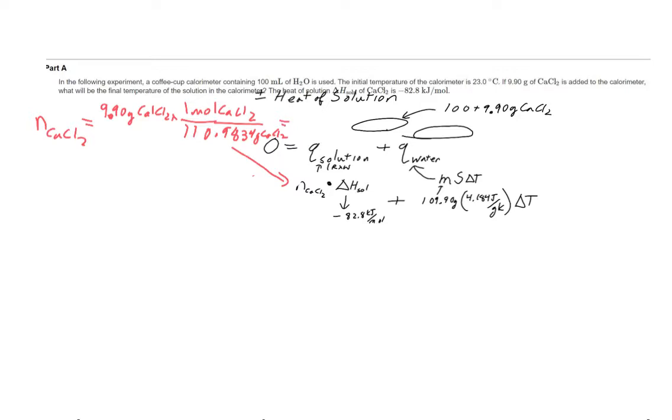Multiply everything on top, divide through by everything on the bottom. So that gives me a number of moles of calcium chloride of 0.0892 sub 0. So I'm going to place that in for my number of moles in my equation. So let's bring that back up again.